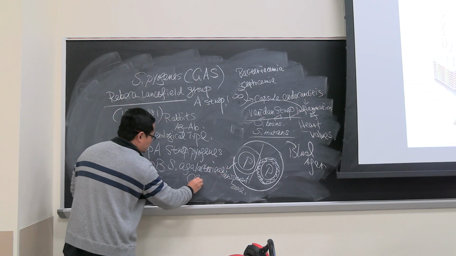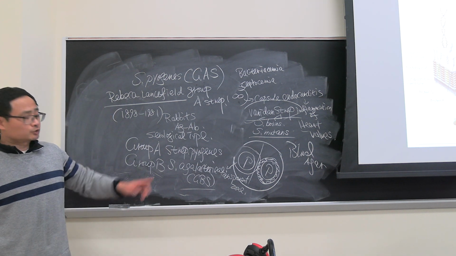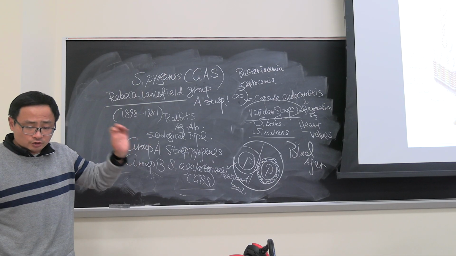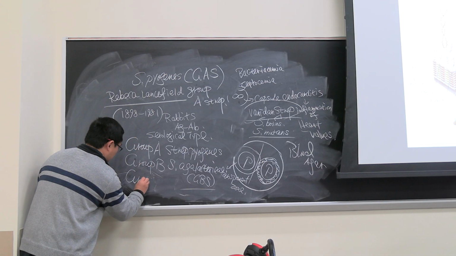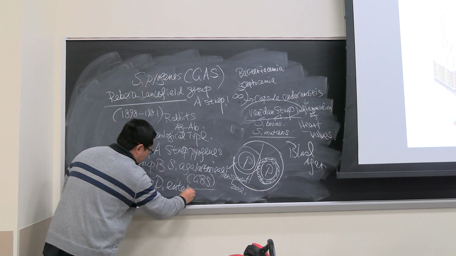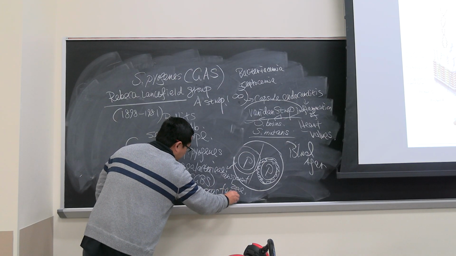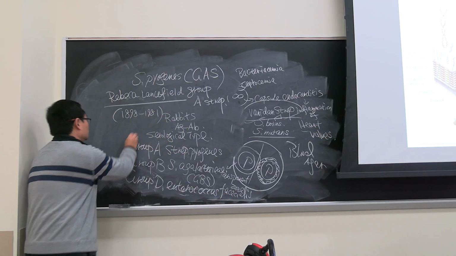This is called GBS. I just said it's responsible for meningitis in newborn babies from 0 to 2 months. Group D, Enterococcus faecalis. This is how they grouped them.